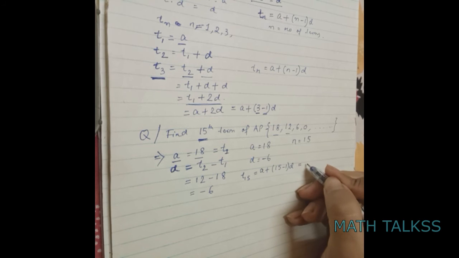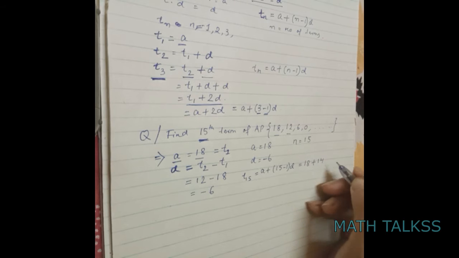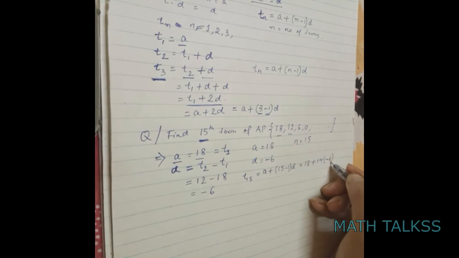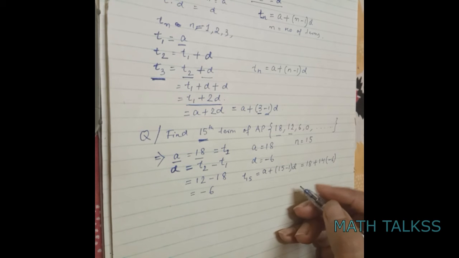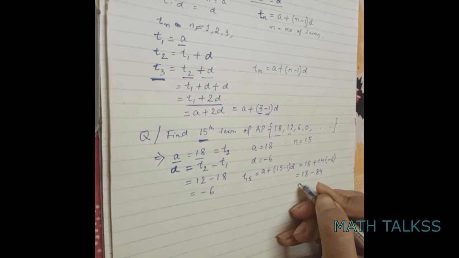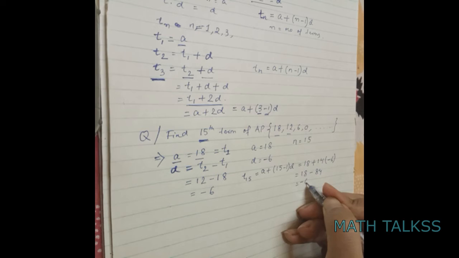That is 18 plus 15 minus 1, which is 14, into minus 6. So it is 18 minus 84, and the answer is minus 66.